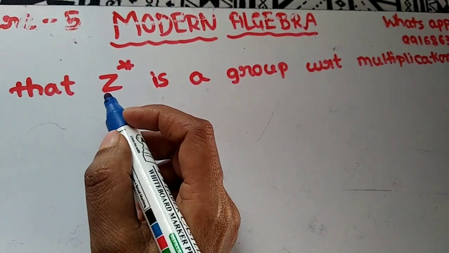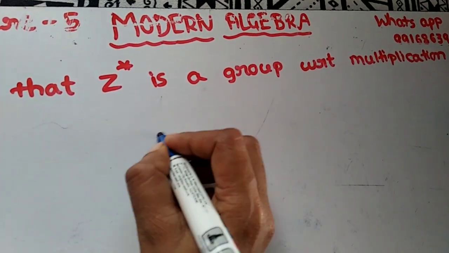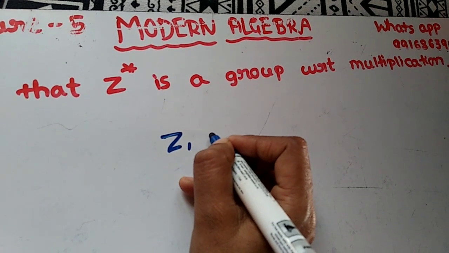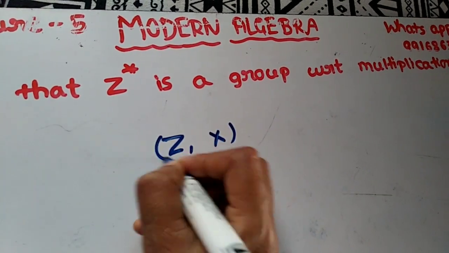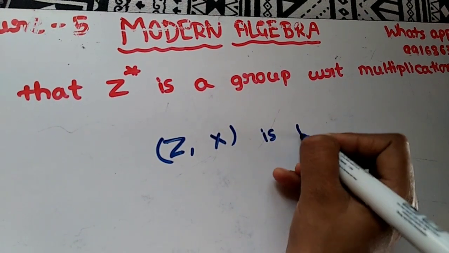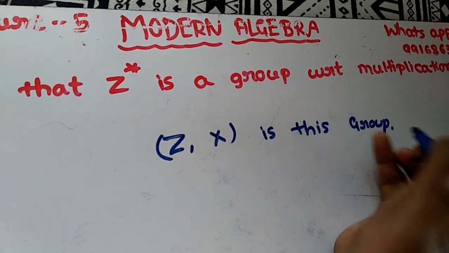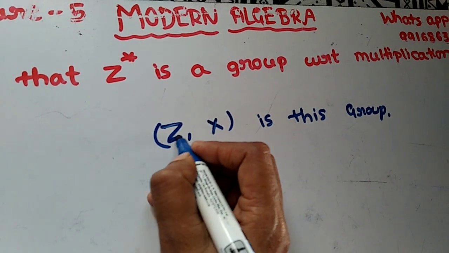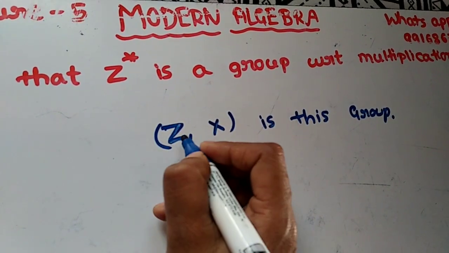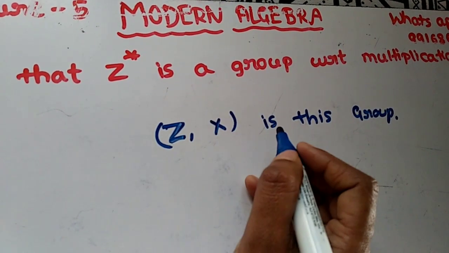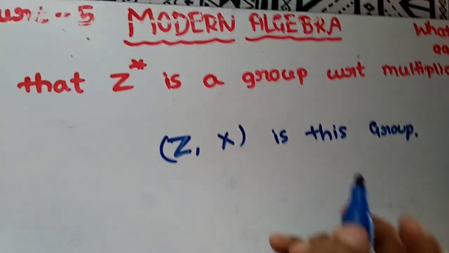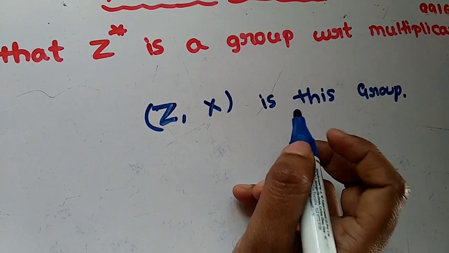If I take Z with respect to multiplication, then is this a group? No, it is not a group. The complete integer set with respect to multiplication is not a group.